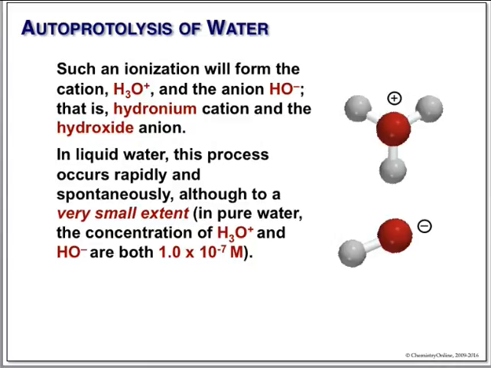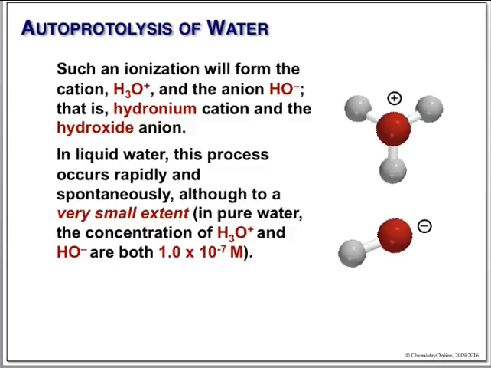The bottom line here is that if you have absolutely pure water at 25 degrees centigrade, at any one time, there will be 1 times 10 to the minus 7 molar hydronium and hydroxide in absolutely pure water. The concentrations of both of these, they're identical, are 1 times 10 to the minus 7 molar.